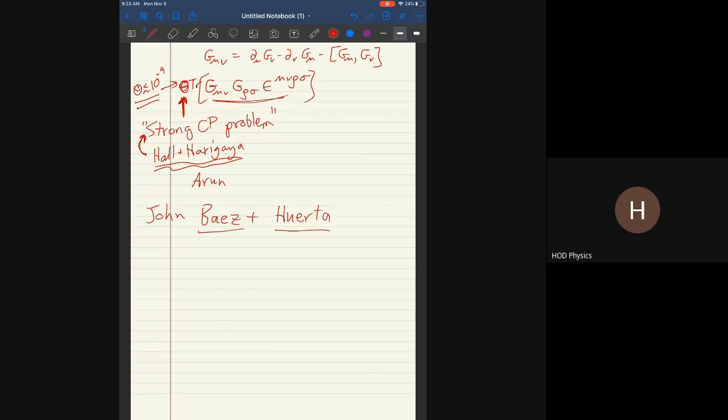If you look up those two authors, they have a review article from probably 2014 or something. I forget the year, but it's maybe more than 5 years old now. It might be called something like the mathematics of grand unification. It shouldn't be too hard to find. They only have a few papers together, and it's a really great review article.